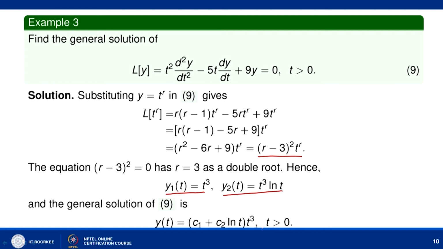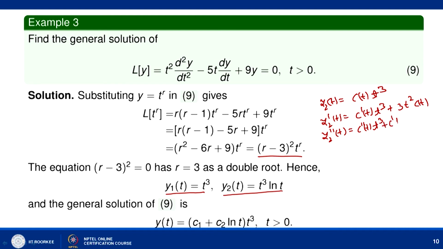Again, you may take this as an exercise: if you assume y2(t) = c(t) t^r and put it in, then you can easily find y2'(t) = c'(t) t^r + r t^(r-1) c(t), and similarly you can find y2''(t) = c''(t) t^r + c'(t) r t^(r-1) + r(r-1) t^(r-2) c(t) + r t^(r-1) c'(t).